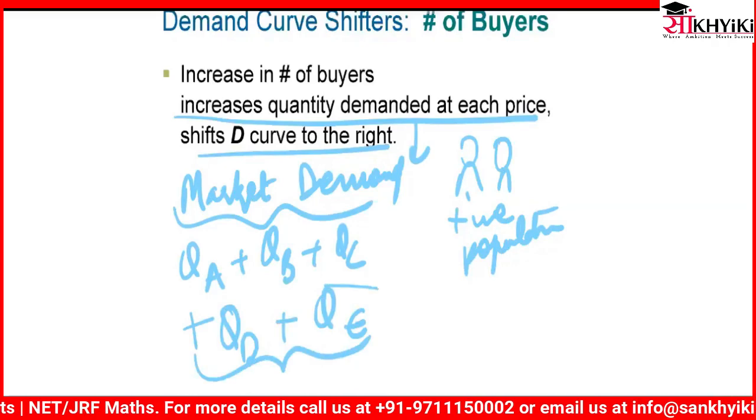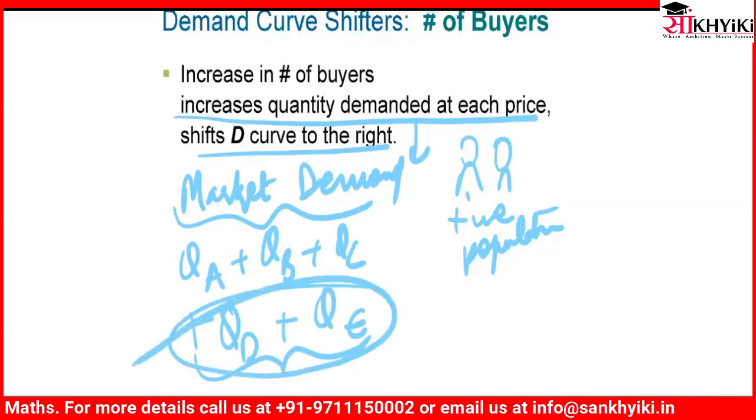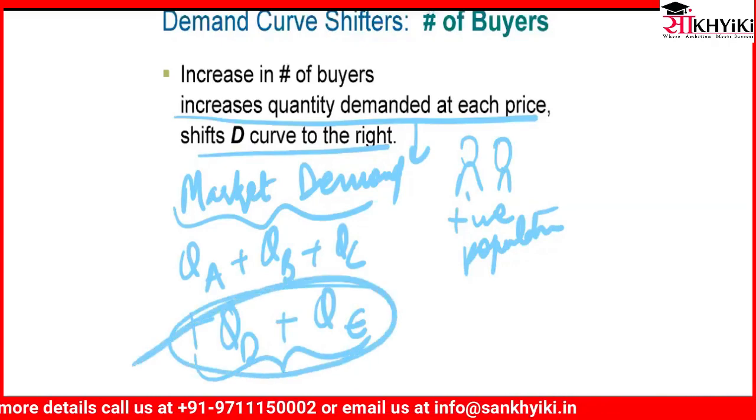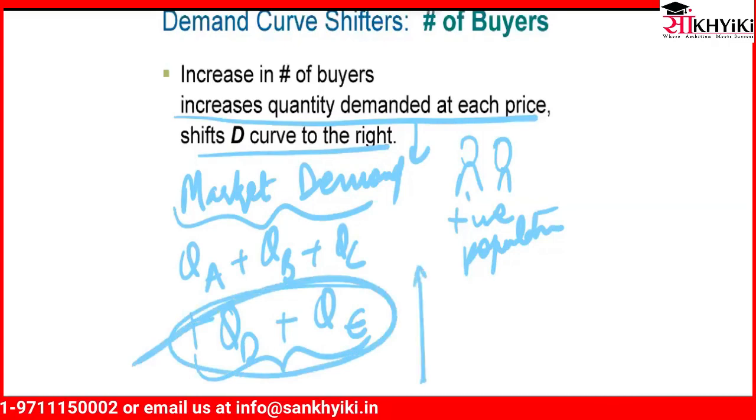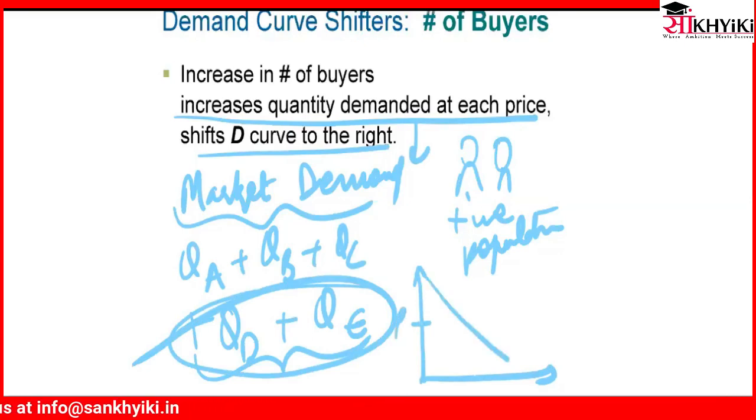Now this demand is increasing irrespective of the price. The price of the good is still the same, but because population increased, demand increased. So it's like saying that at the existing price, initially this was the demand, but now at this price I'm going to demand more because more people are buying it.